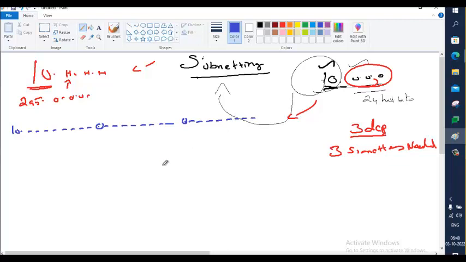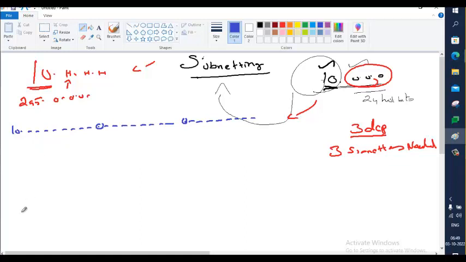You see, for 3 subnets, should I give the entire octet? This is actually a host octet, right? Should I give the entire octet? No. Maybe 1 bit or 2 bits will be sufficient. How can we find that? How many should I give?